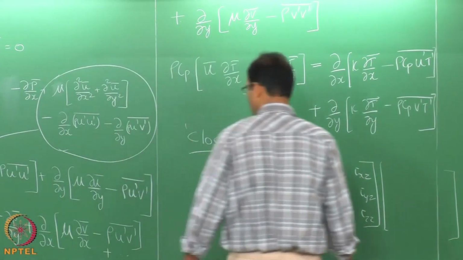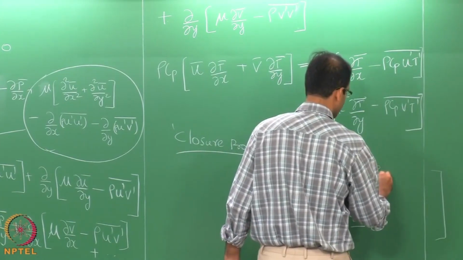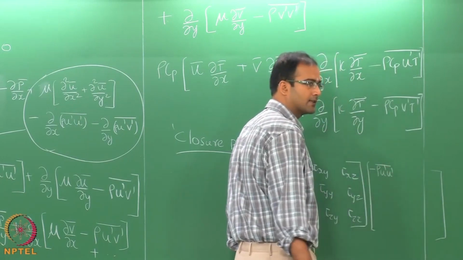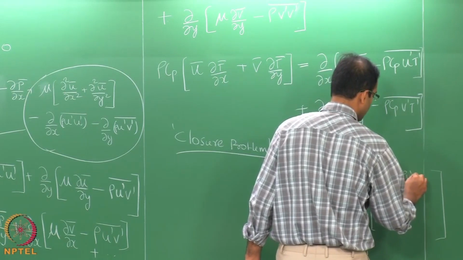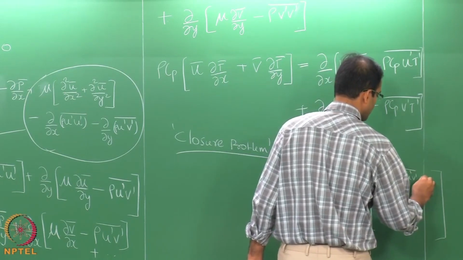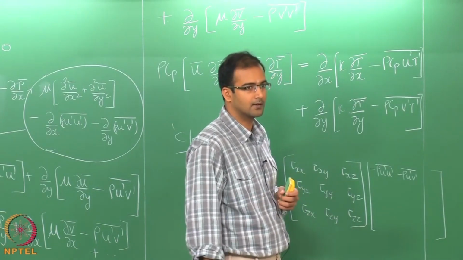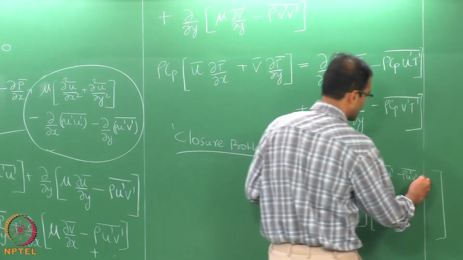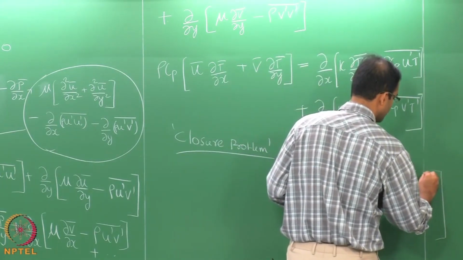We can therefore group them as what? Minus rho u prime u prime. Can you fill in all these elements? Minus rho u prime v prime. If you write it in a 3-dimensional form, so if you derive this for the xyz momentum equations, then you have minus rho into u prime w prime.